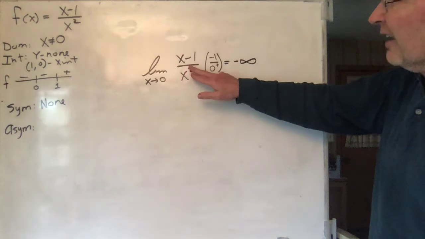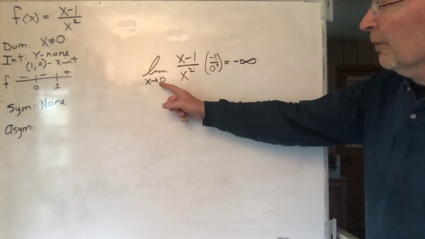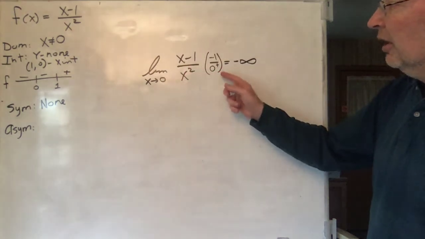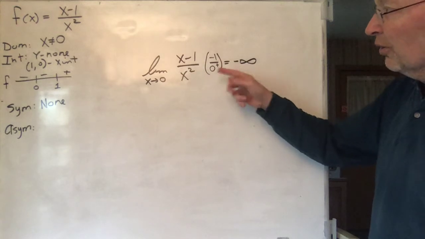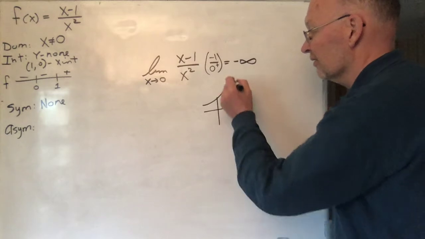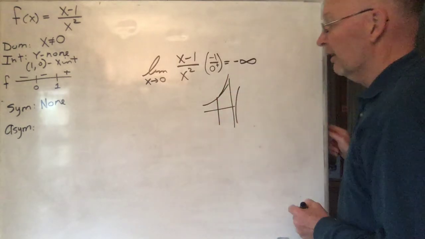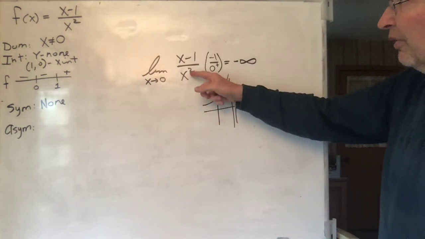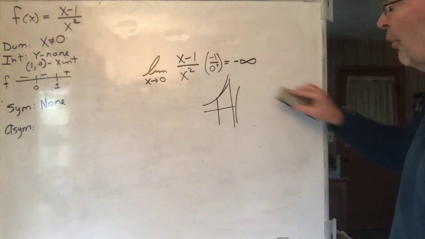If this were just an x on the bottom, then as you come in from the left and from the right, you'd get one going to plus infinity and one going to minus infinity. It might look like this: one goes up, one goes down. But in this case, notice that with the x squared, they both go down.